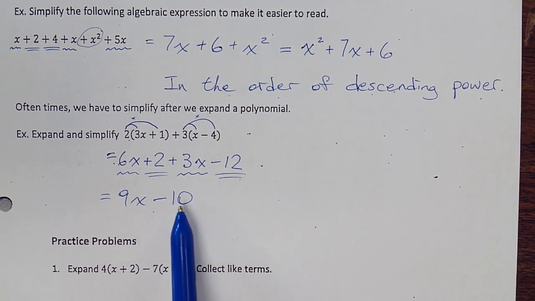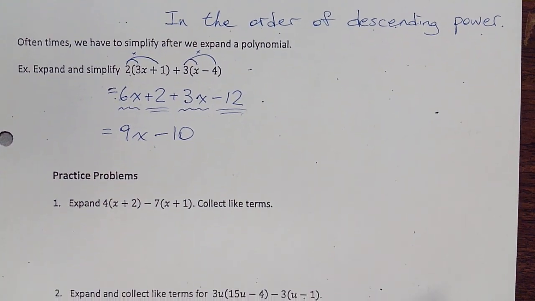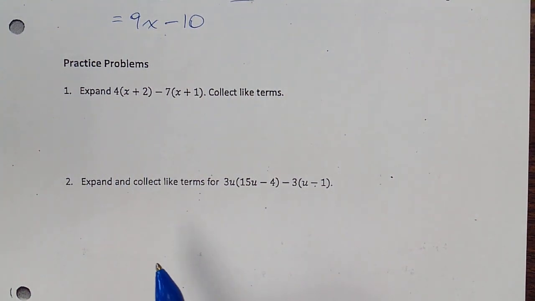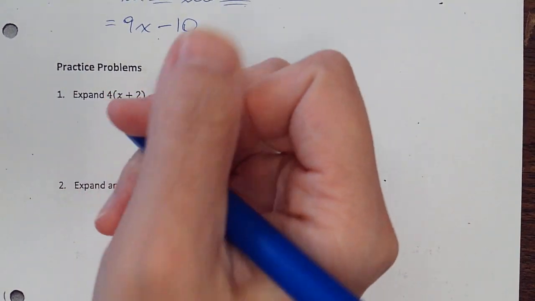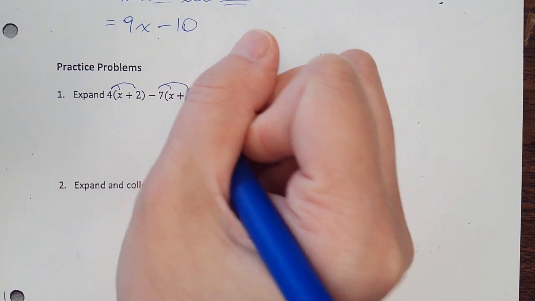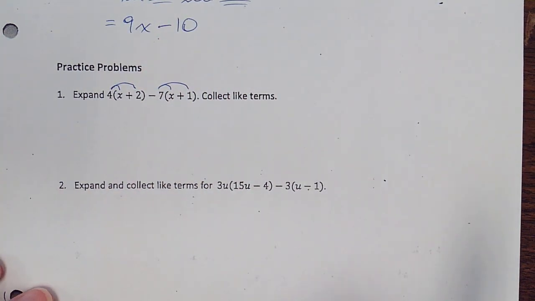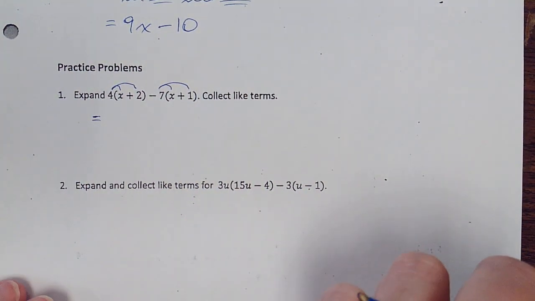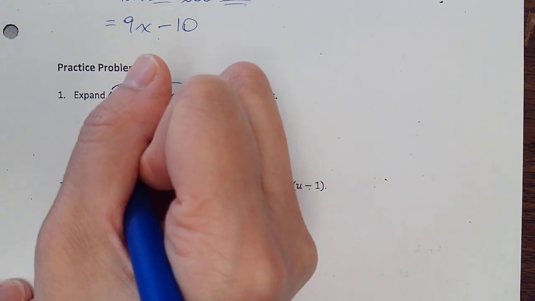Yeah. So you cannot combine it any further because they're not like terms. This has a variable. This doesn't. So that's my answer. I cannot go any further. Okay. So let's try this one then. Who wants to walk me through this one? Austin? 4x plus 8.